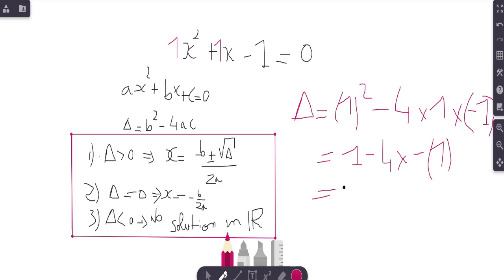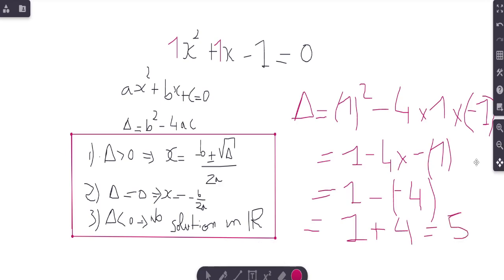So it's 1 minus 4, okay, which is 1 plus 4, which is 5. So delta equals 5.